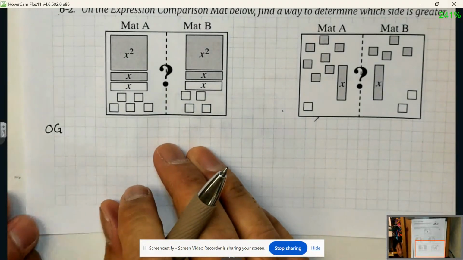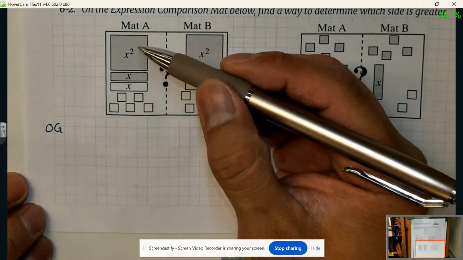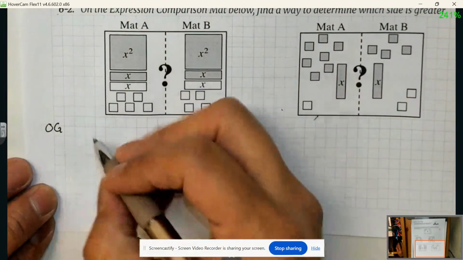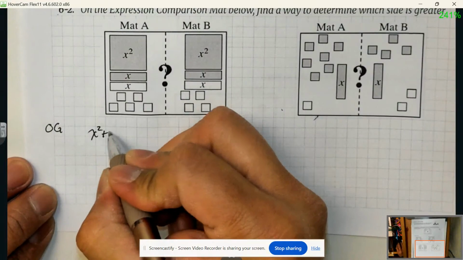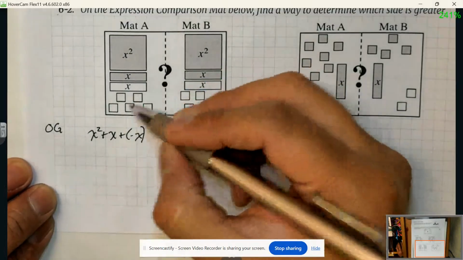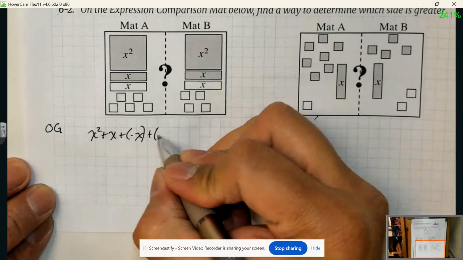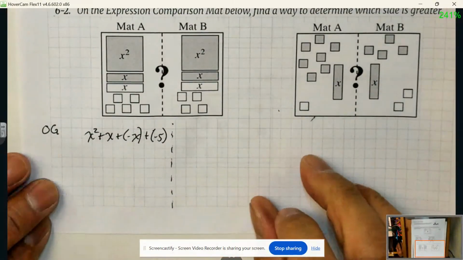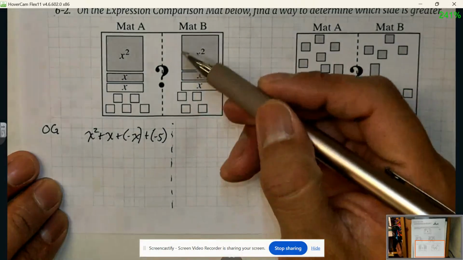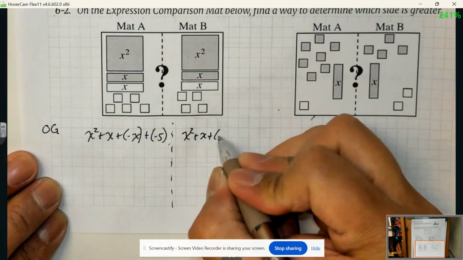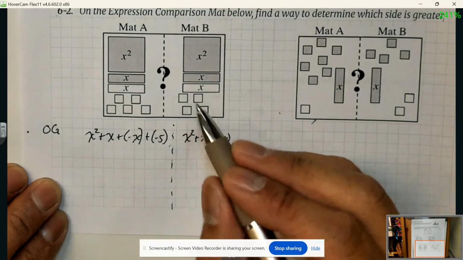And the original value, if you look at what's on mat A, you have x squared plus negative x plus negative 5. That's what we have on mat A. Now on mat B, we have x squared plus negative x plus negative 4.